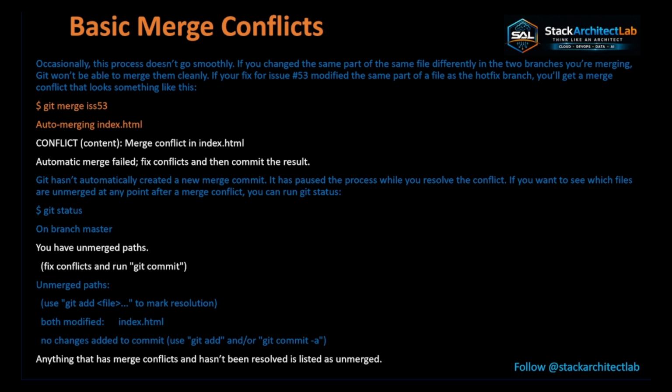But if it goes clean, then you will get a clear-cut message that nothing is there. But if, for example, you try to do this git merge issue 53 here, and it is not giving you a successful message, then you can expect something like this: conflict content merge conflict in index.html. That means you have done something wrong.